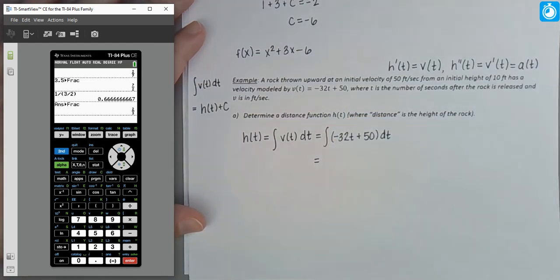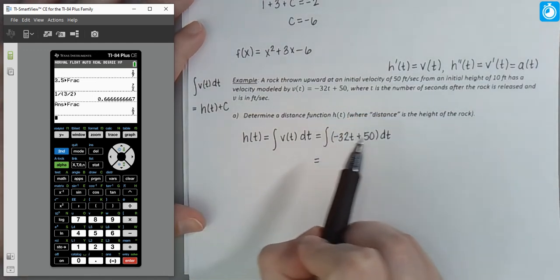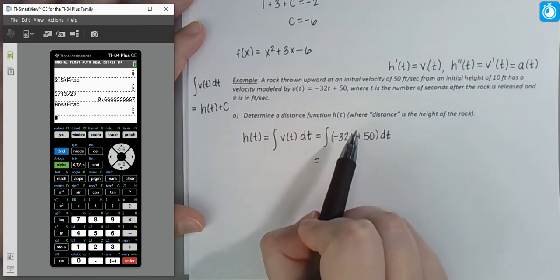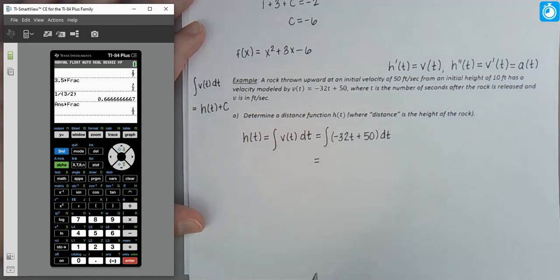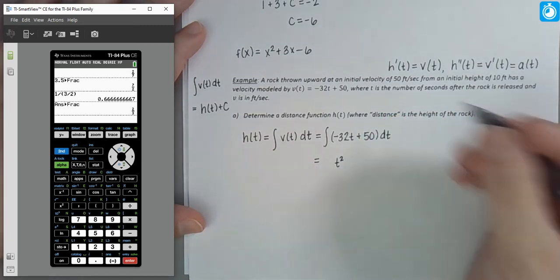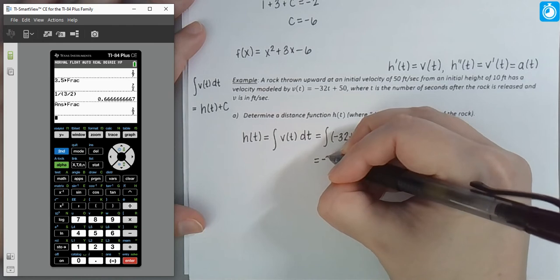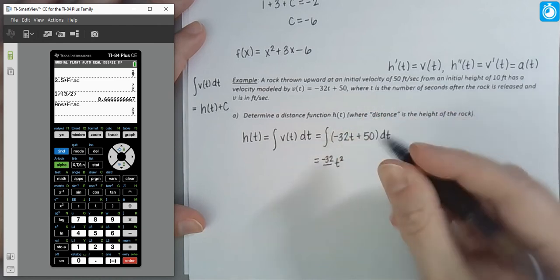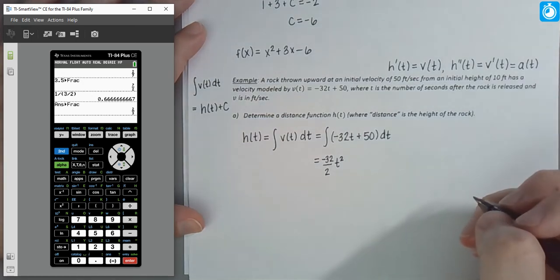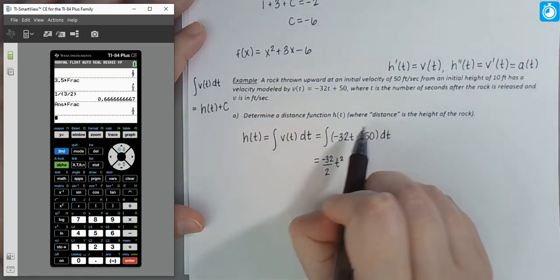So we can use our antiderivative rules, go one term at a time. So for our first term, we have an exponent of 1, increase the exponent, so that's going to go to t squared, and then we already have a coefficient. We're going to divide it by our new exponent of 2. And then the same thing for 50.